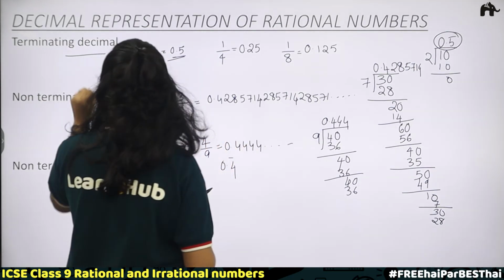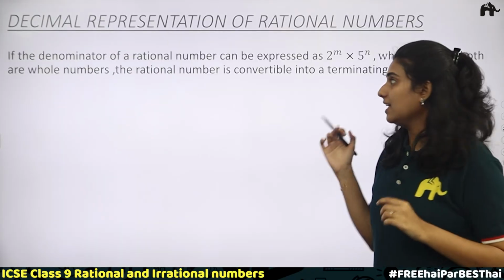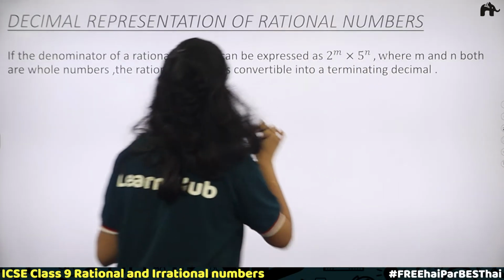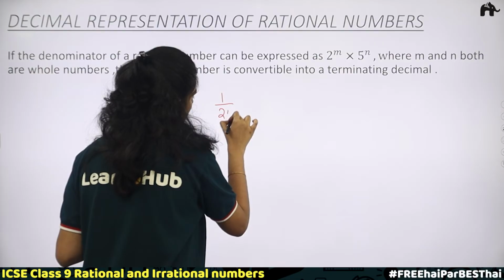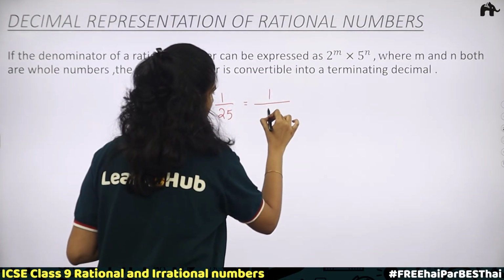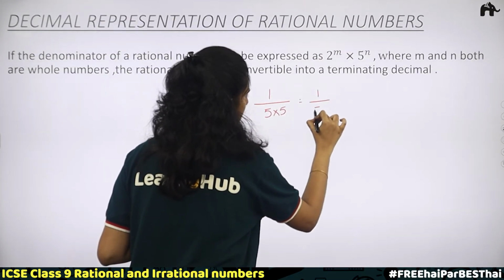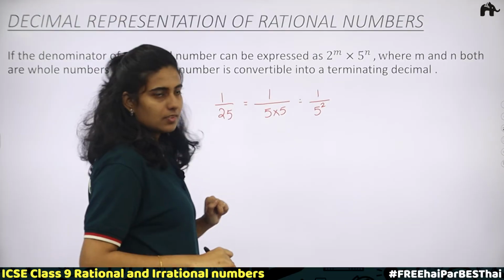So this is what terminating decimal, non-terminating decimal and non-terminating recurring decimals are. Now let us take an example. Take a number 1 divided by 25. This can be written as 1 by 5 into 5 or 1 by 5 square. Okay.